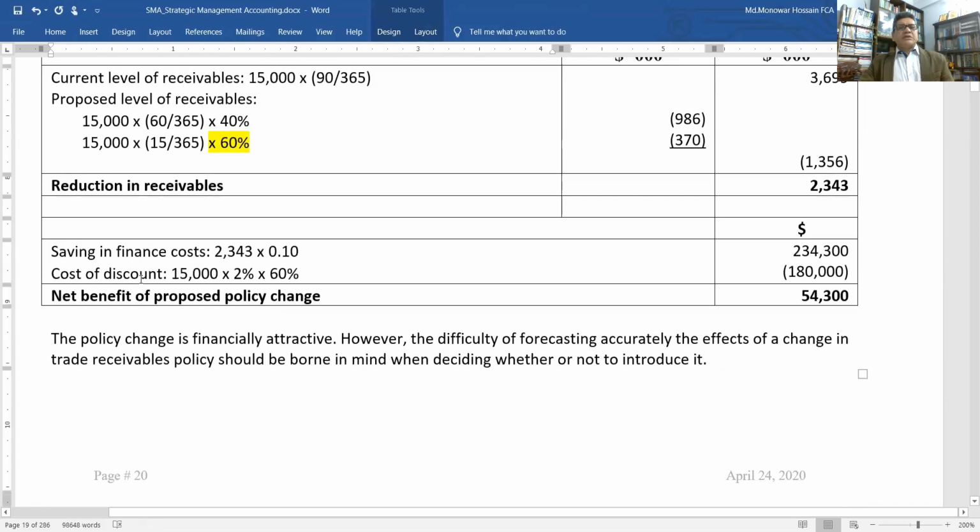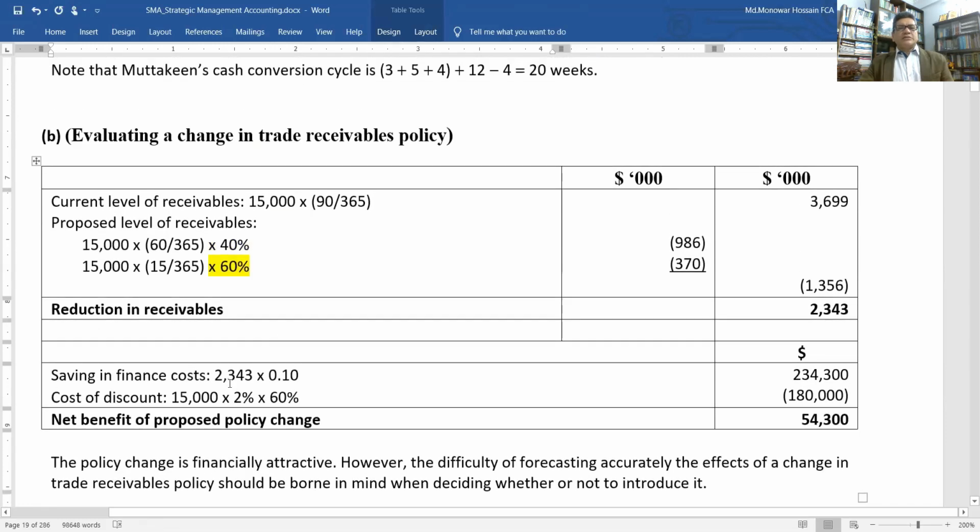And saving of finance cost 32340, this figure, 10%, because this amount is received from the bank overdraft, that means the cost is 10%. Cost of the discount 2%, 16 180. So net benefit of proposed policy change 54.